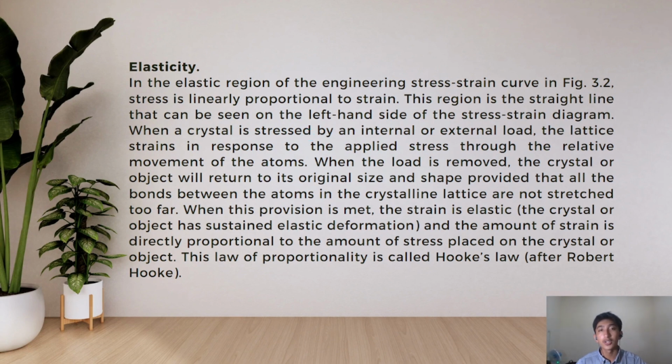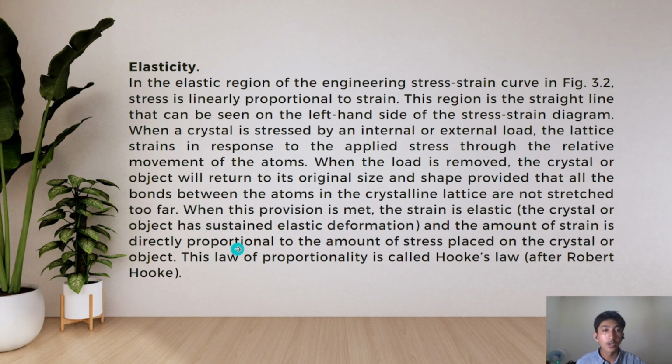When a crystal is stressed by an internal or external force, the lattice strains in response to the applied stress through relative movement of the atoms. When the load is removed, the crystal or object will return to its original size and shape, provided that the bonds between the atoms in the crystalline lattice are not separated too far.